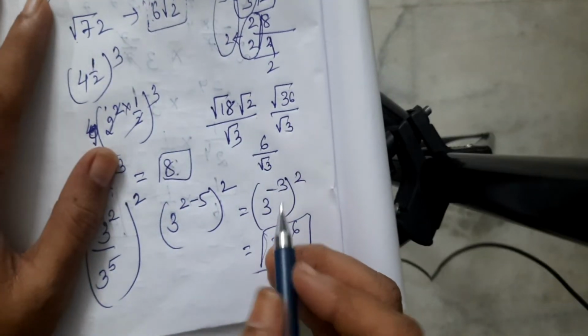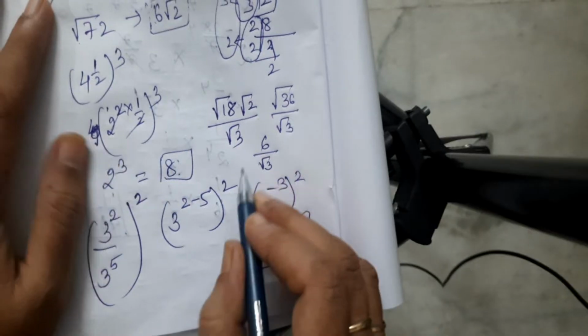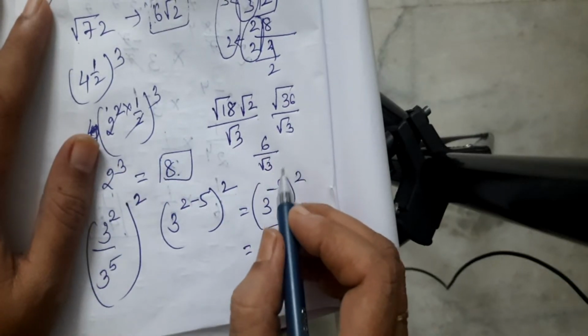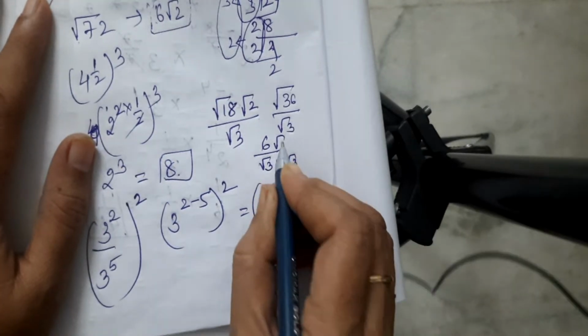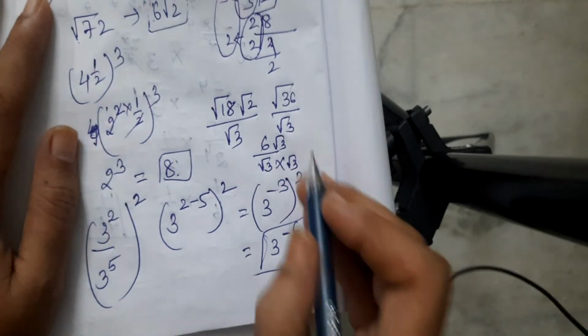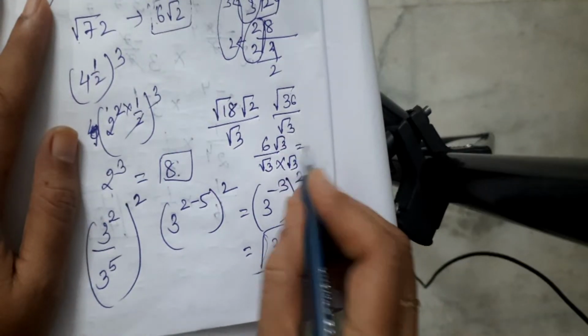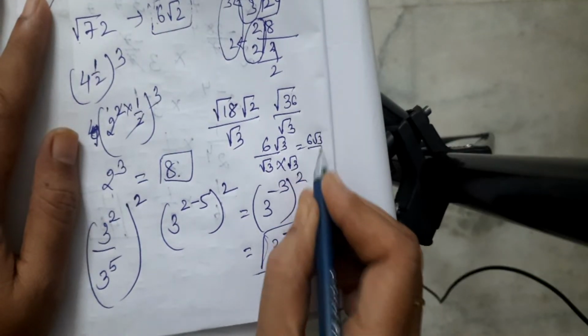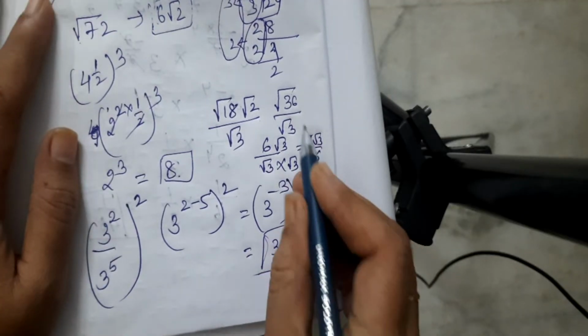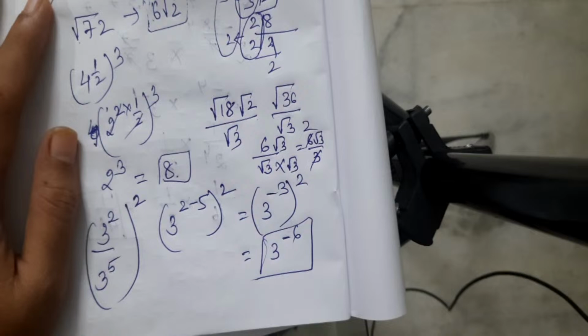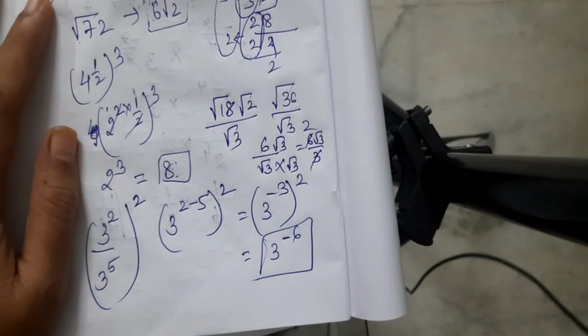If you recall, I told you that in the denominator there should not be a root form. So we'll multiply the number by root 3. If you multiplied by, very good, correct answer. 6 root 3 by 3. So 3 2s are. Final answer is 2 root 3.